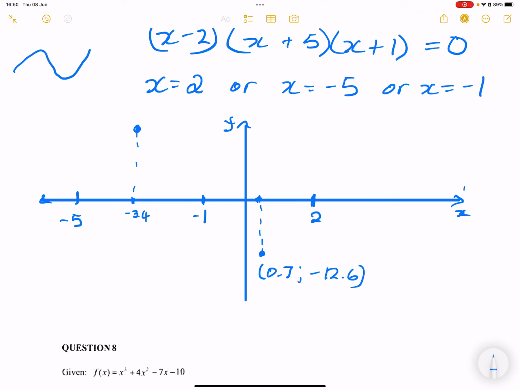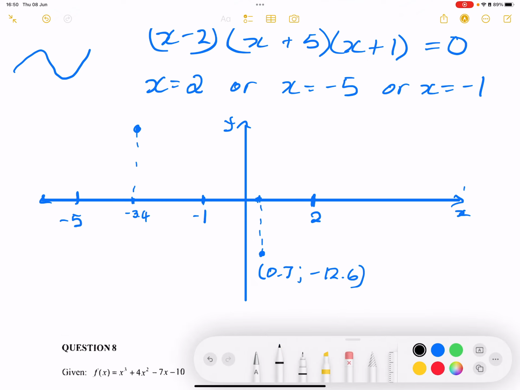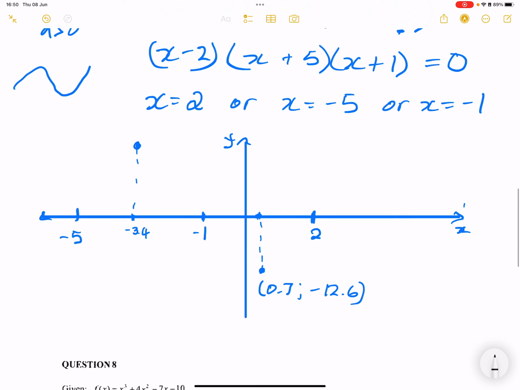I'm not going to make an attempt to make this graph accurate, but in this case, it must just be a depiction of what is happening. And we know that our y-intercept is at negative 10. So there goes our graph. We know this is a maximum, and it should pass through there.